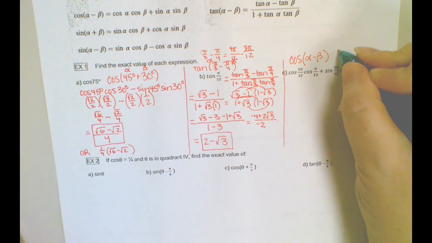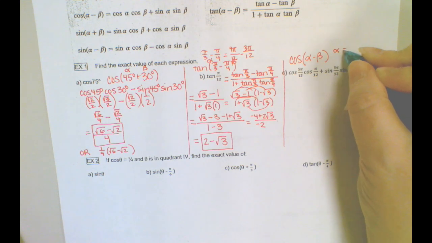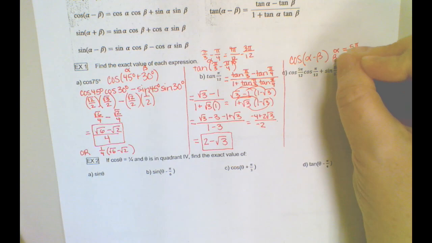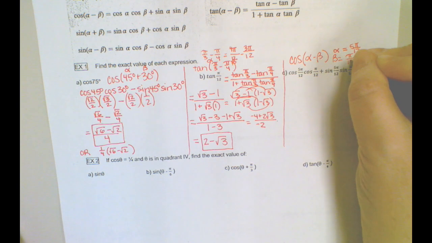In this case, my alpha is the first one, so 5 pi over 12. My beta is pi over 12.